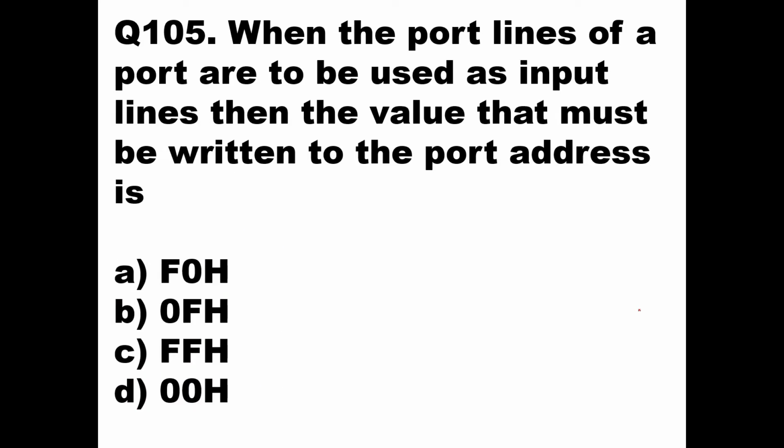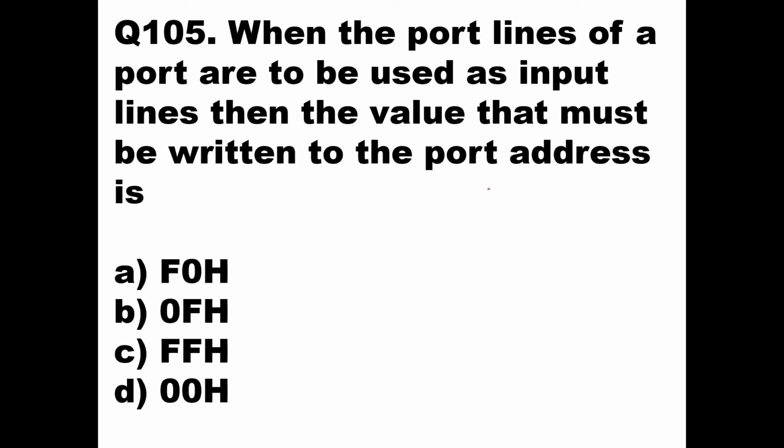Then we'll go to question number 105. When the port lines of a port are to be used as input, then the value that must be written to the port addresses is, okay. We know that whenever we reset a system, the ports will work as output lines because they are 0, 0, 0, 0. But if you want to use them as input lines, you have to make them 1, 1, 1, 1, 1, 1, 1, 1.